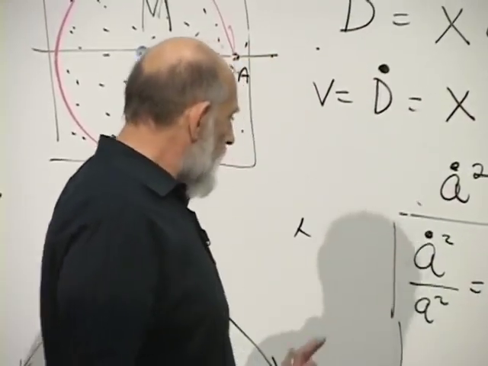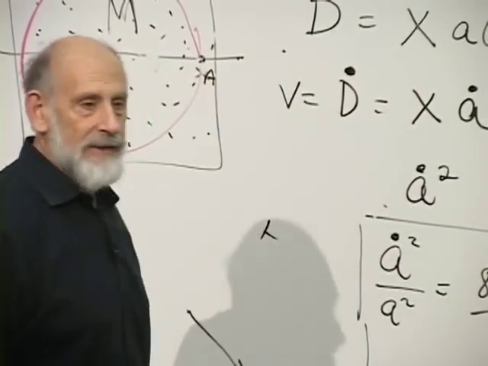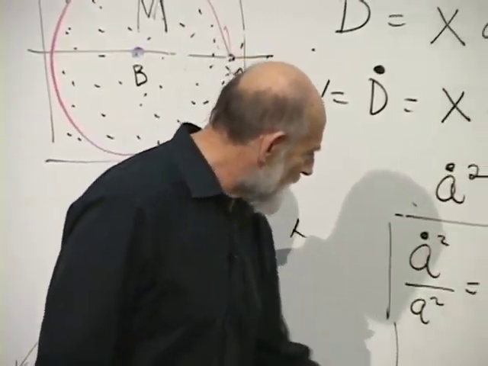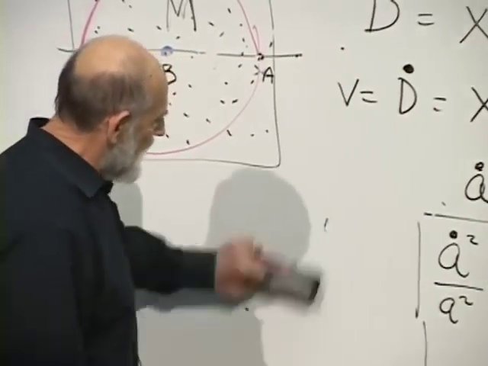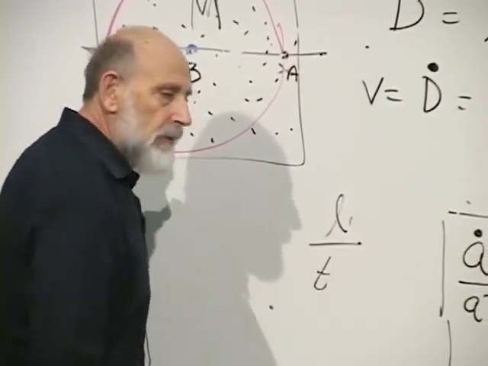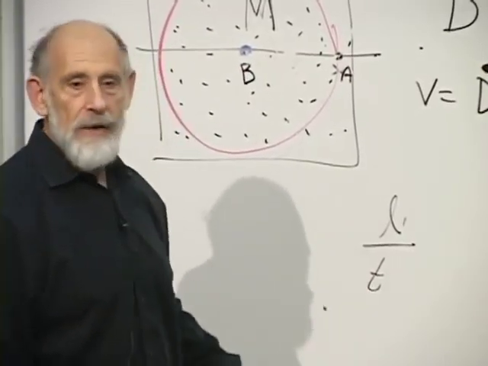What about a dot? What are the units of a dot? A dot is length over time. All right, now in units in which the speed of light is equal to 1, length over time is dimensionless.